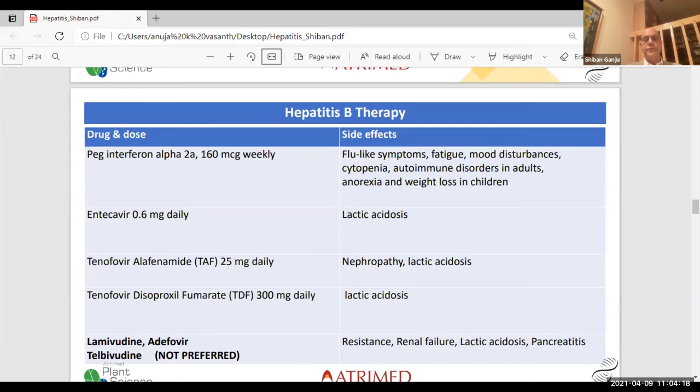There are some unusual side effects, lactic acidosis being the common one, and one should be on guard for that. It's treatable and reversible. So this is the commonest drug we use. Along with this, entecavir is used, and the virus does not develop resistance to these drugs.